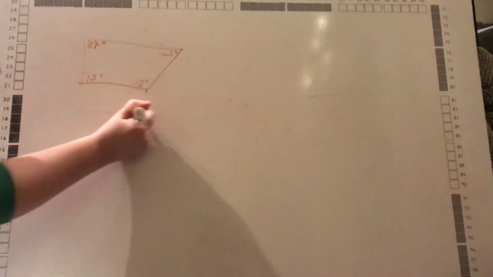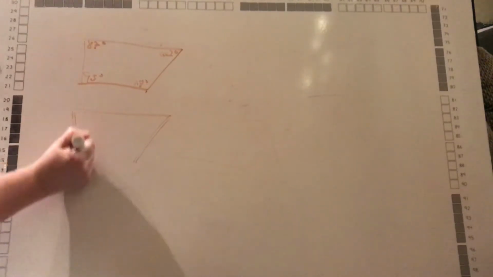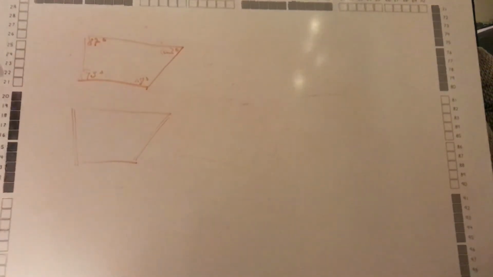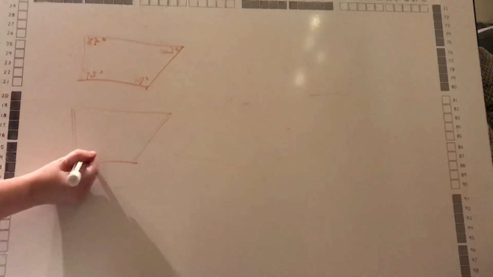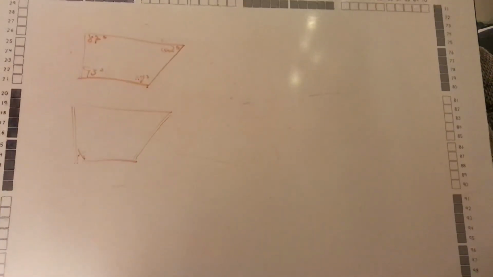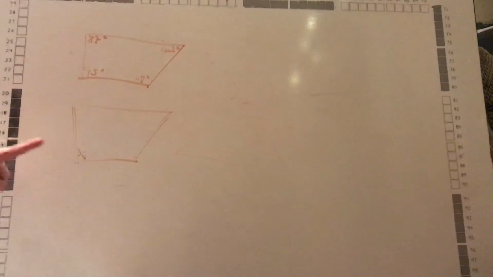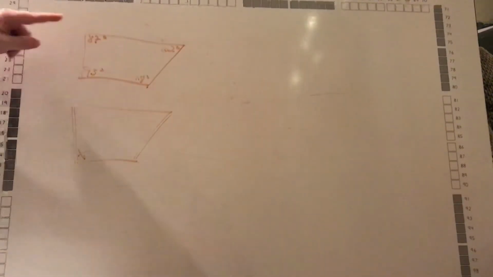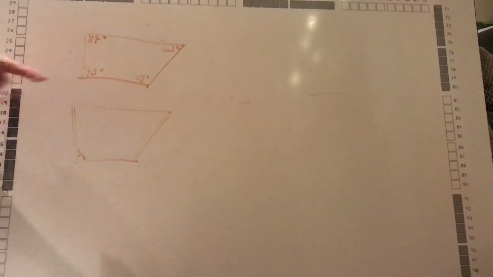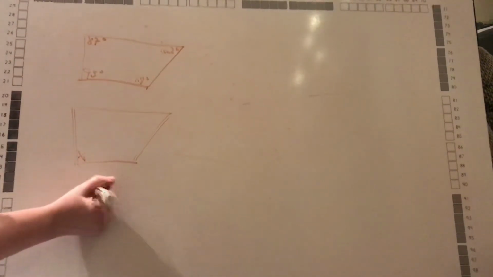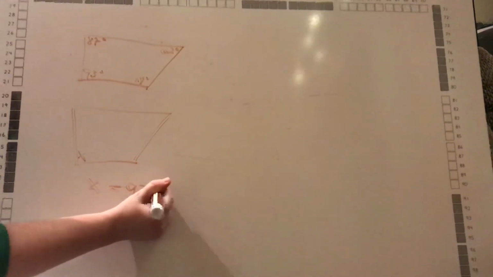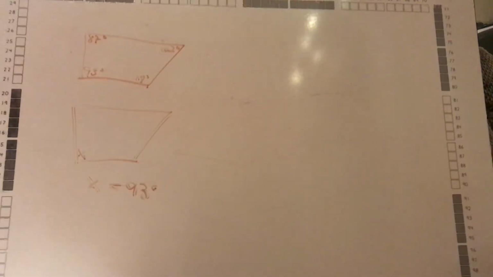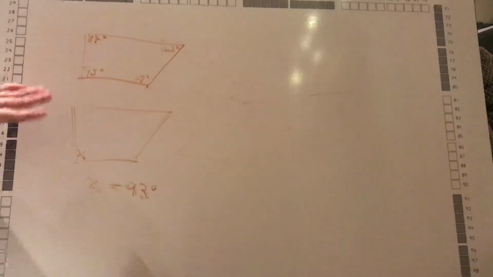And then they give you the exact same shape. They tell you it's congruent, but they leave out one of the angles. And they say, what is the measure of this angle? Well, if this is congruent to this, you know it's going to be the same as that. So x is going to equal 93 degrees. Because these are going to be equal: equal side lengths, equal angle measures.